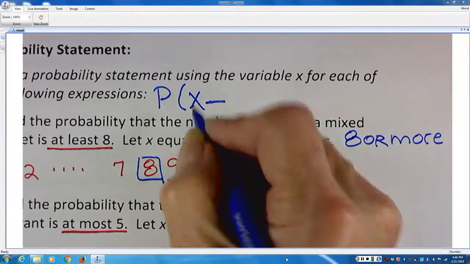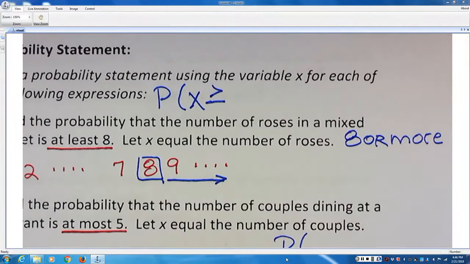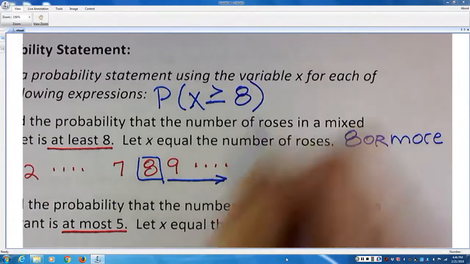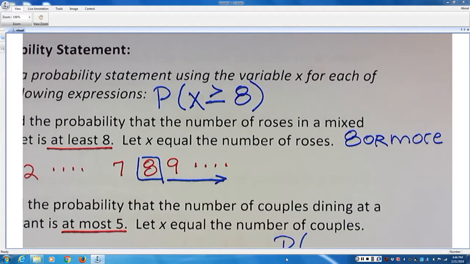And if it's going up, then your arrow is going to point to the right. That means 8 or more. More goes to the right, less goes to the left. Don't confuse the word least and less. Least means the smallest. Less means go away, go down. Okay? Least and less do not mean the same thing.